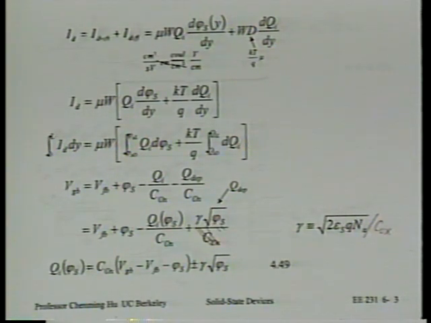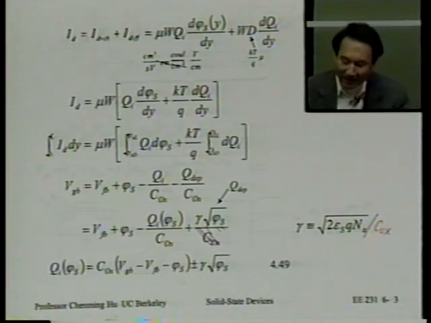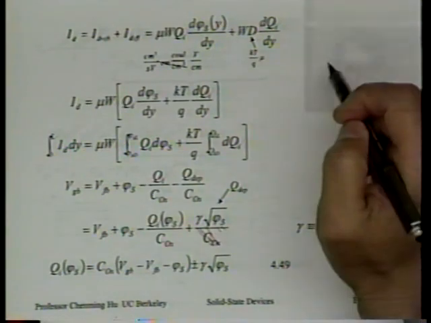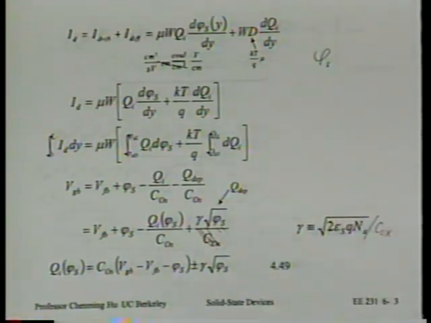Any questions? Yes? Could you explain the difference between VC and phi s? VC and phi s. It's very good. Phi s, the definition is fairly clear. It's defined as the band bending, defined as the potential at the surface. If we take the substrate as being the reference, yeah. Go back to chapter 3, the first few lectures.